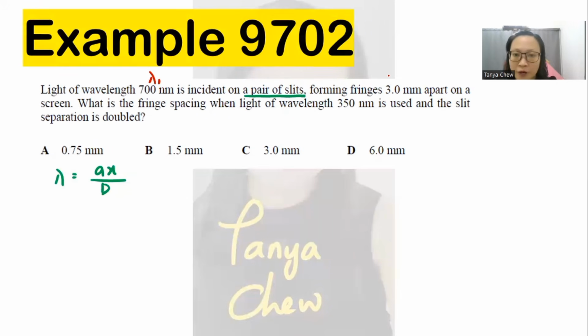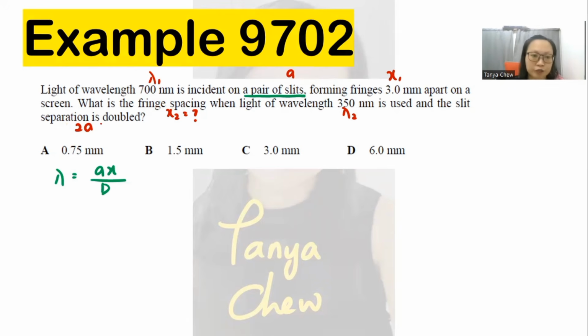And this is the first fringe spacing that is given, which is x1 on the screen. And what is the fringe spacing? You have to find x2, when lambda 2 of 350 nanometer is used. For the first slit separation, I just put A. The slit separation now is double, which is 2A.